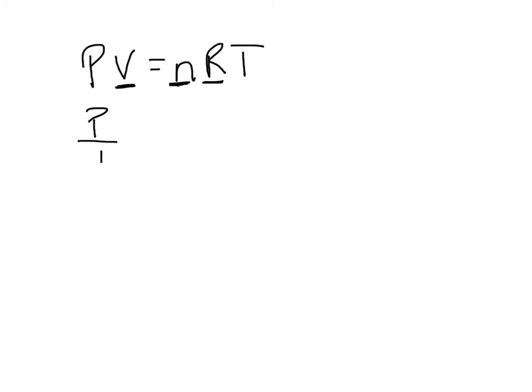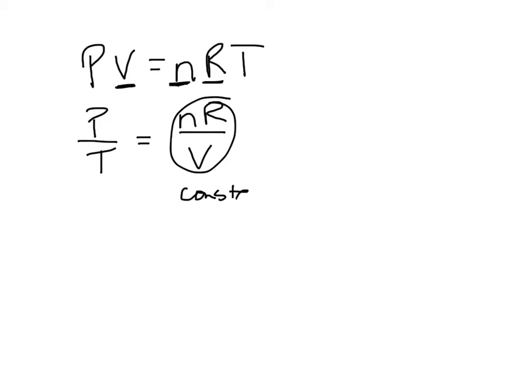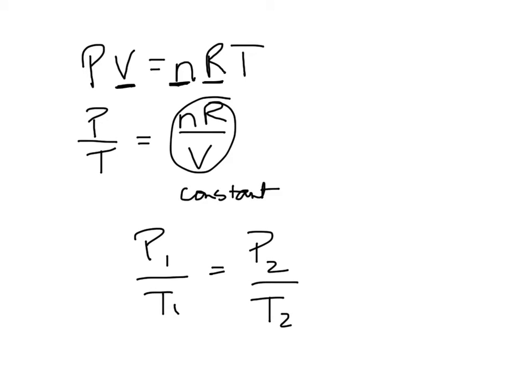So this is P over T equals nR over V, and this whole part is constant. Our equation becomes P1 over T1 equals P2 over T2, and that's a directly proportional relationship.